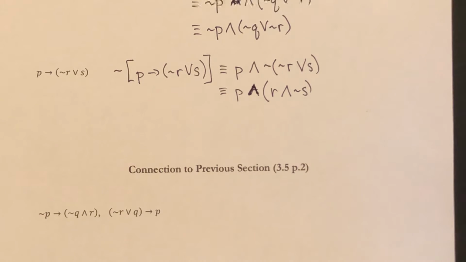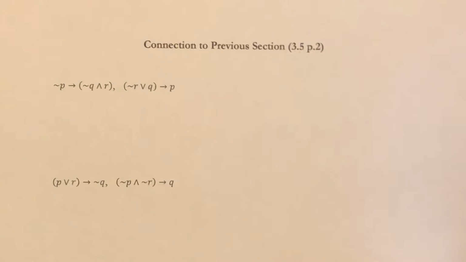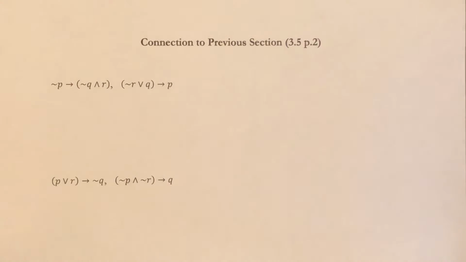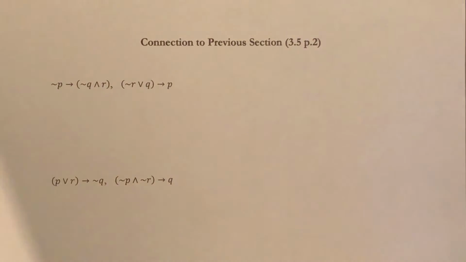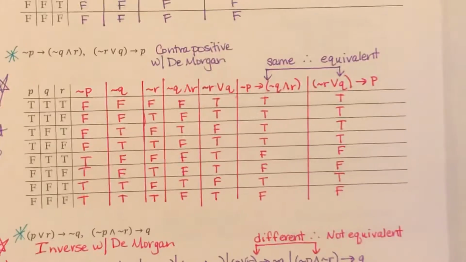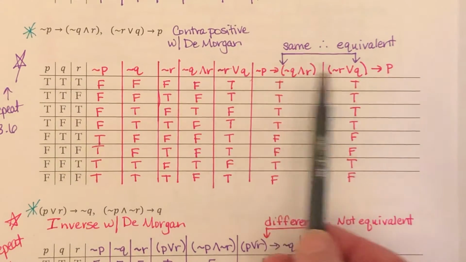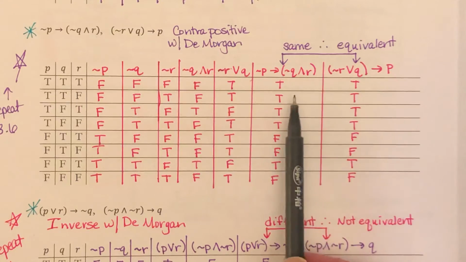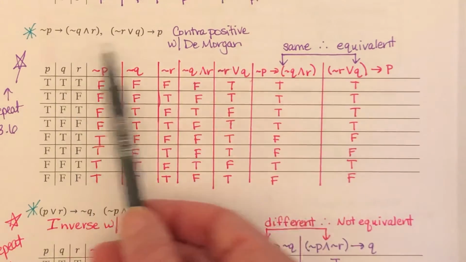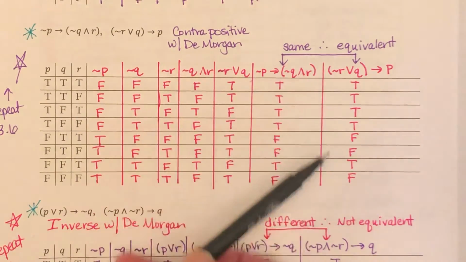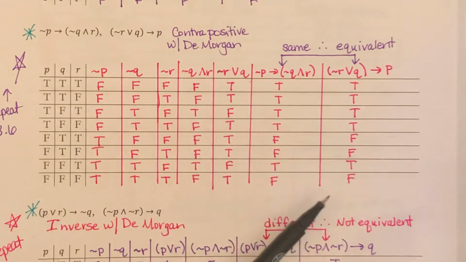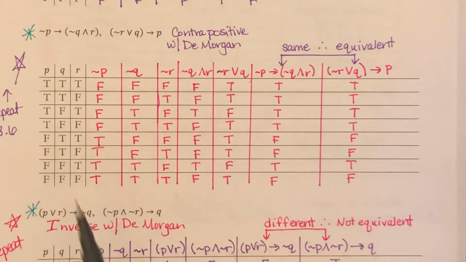Okay. Now the last little bit. In section 3.5, I'm going to bring this back up, what we did last time, and I had marked them with asterisks and things. We were looking to see if these were equivalent statements. And what we looked at is we compared their final truth values all the way down. If they matched up everywhere, they were equivalent.